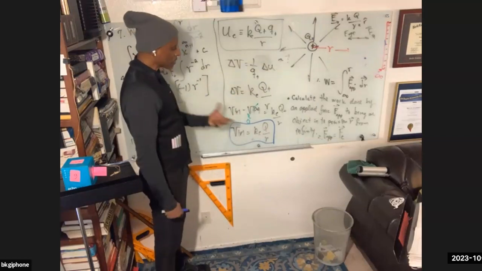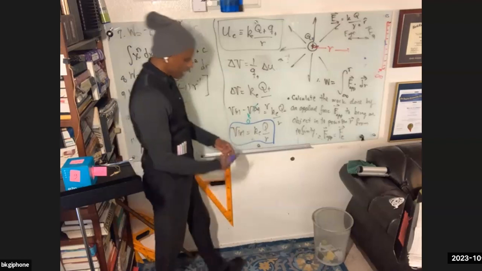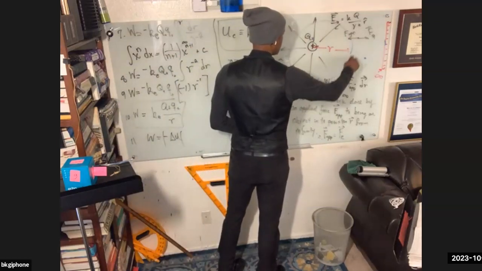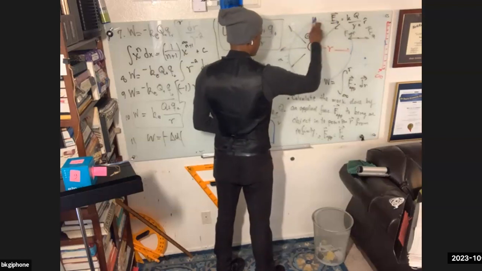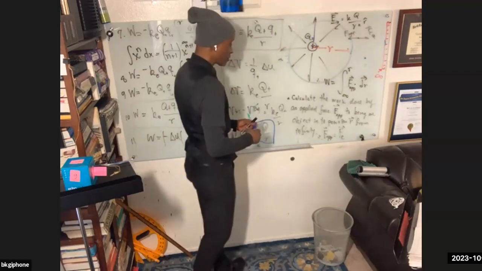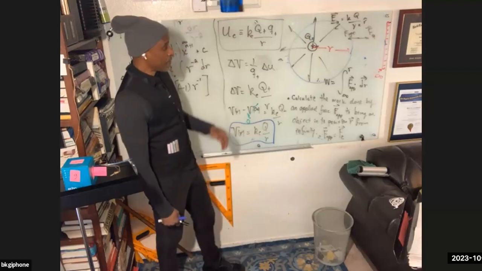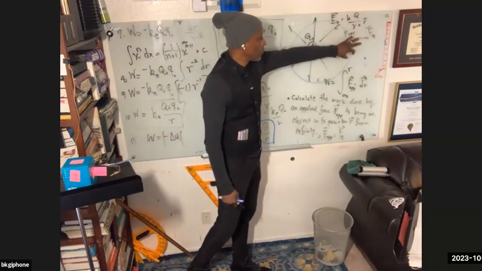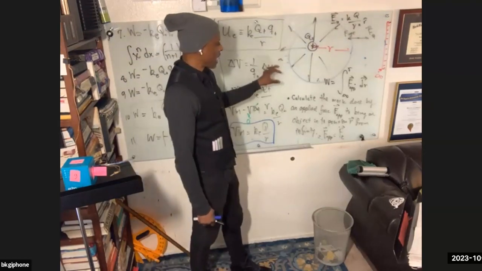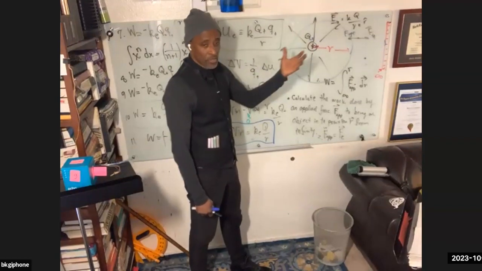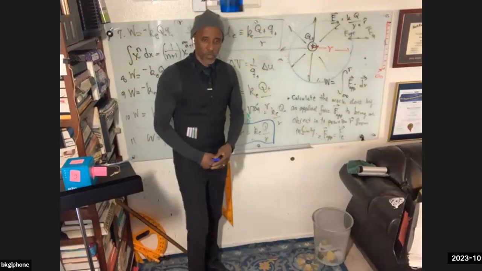So I'll start off by talking about, in this case, equipotential spherical surfaces: every place a distance r away from the center of that charge distribution will have the same electric potential. And it would also have the same electric potential energy.